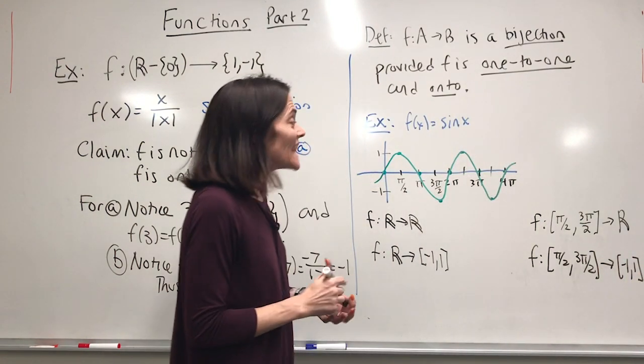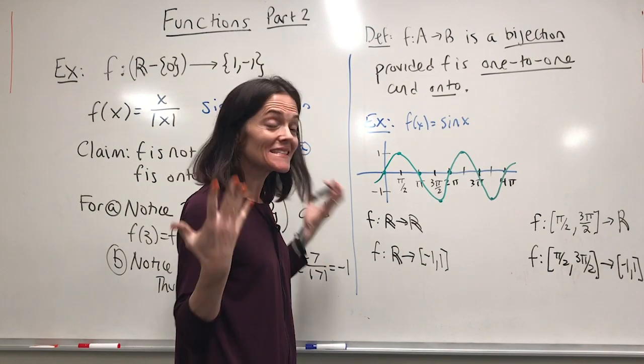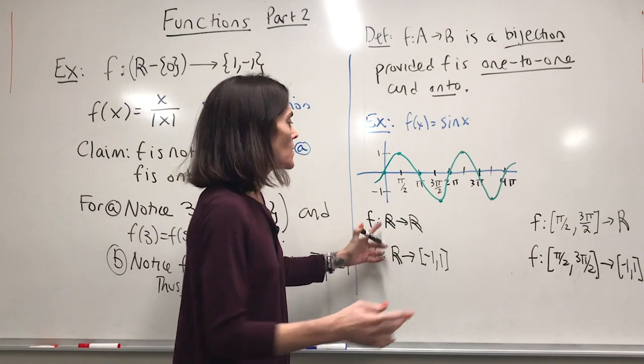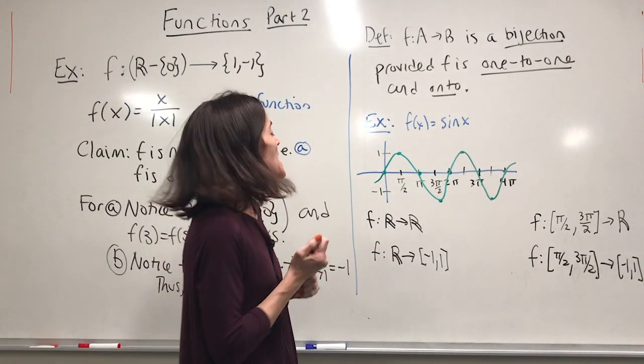Okay? I like this activity because you can see that if you change what you are considering to be the domain, so moving from this column to this column is thinking about restricting the domain.